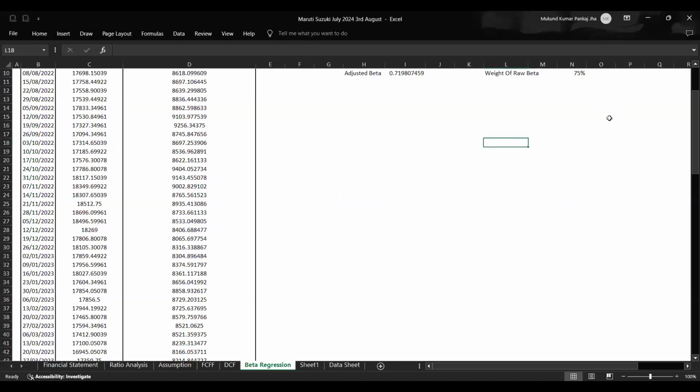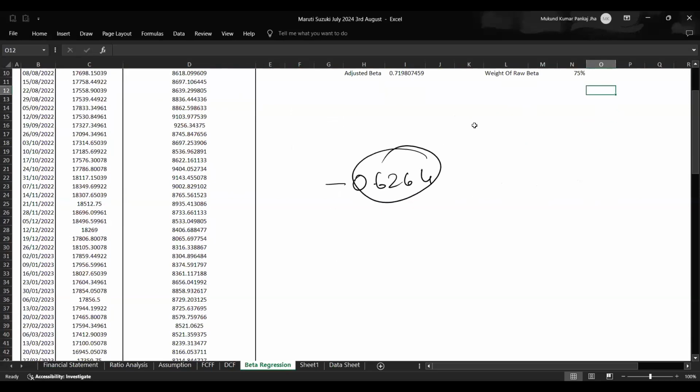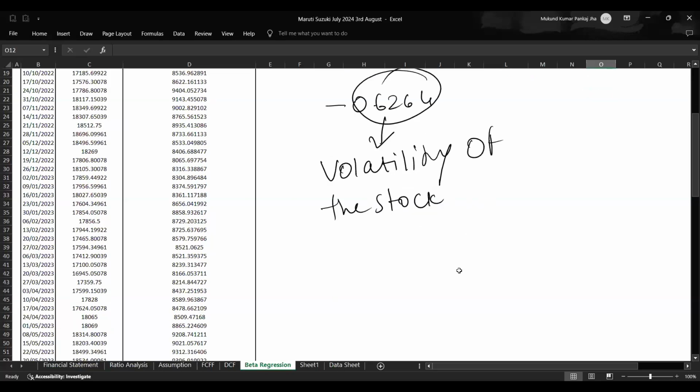Now, next thing, so we have adjusted that beta that was 0.6264. What does this beta say? This beta measures the volatility of the stock with respect to the market.